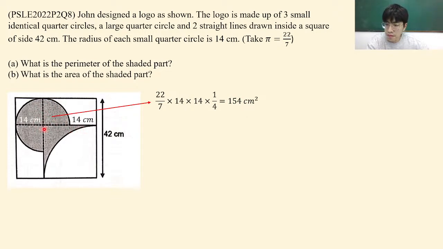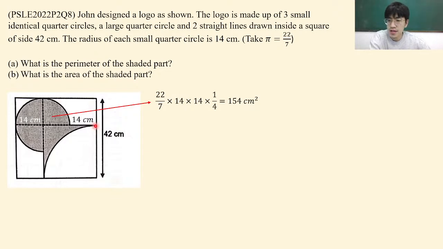Now, what about this part? This weird looking shape that doesn't look like a triangle, how am I going to find the area of this part? Well, the trick is, whenever you see a shape that you're not familiar with, where you don't know about its area formula, you always try to see if you can do some cutting and pasting or subtracting to turn an unfamiliar shape into something that you're familiar with.